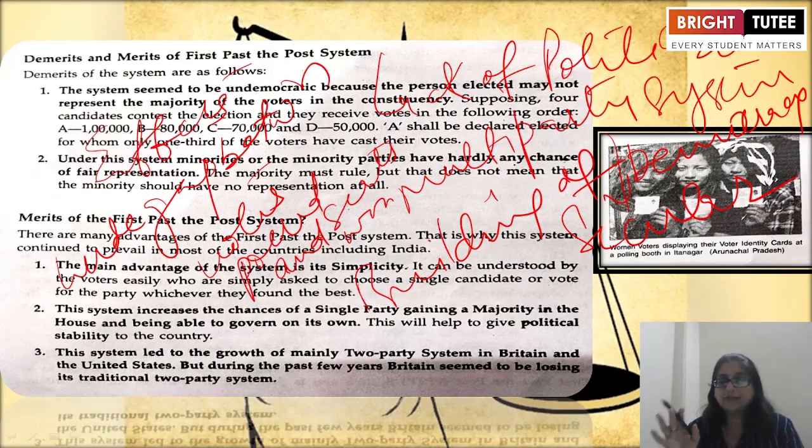In the same manner, there is a vast difference between the votes polled by the different political parties and the seats won by them. For example, in 1952, Congress polled 45% votes in the House of the People, but it gained 75% seats in it. And in the same manner, in 1977, Congress polled 34% votes in the House of the People election and gained only 28% seats, which was a drastic gap.